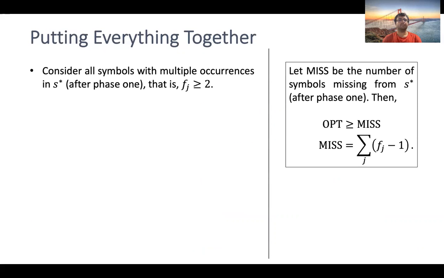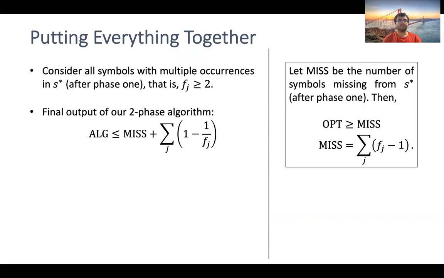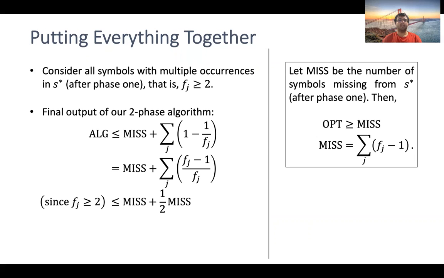Putting everything together, since each repeated symbol occurred at least twice, this entire quantity can be bounded by at most half times the number of things which were missing. This eventually leads to a 1.5 approximation, since we lost a factor of half at most.